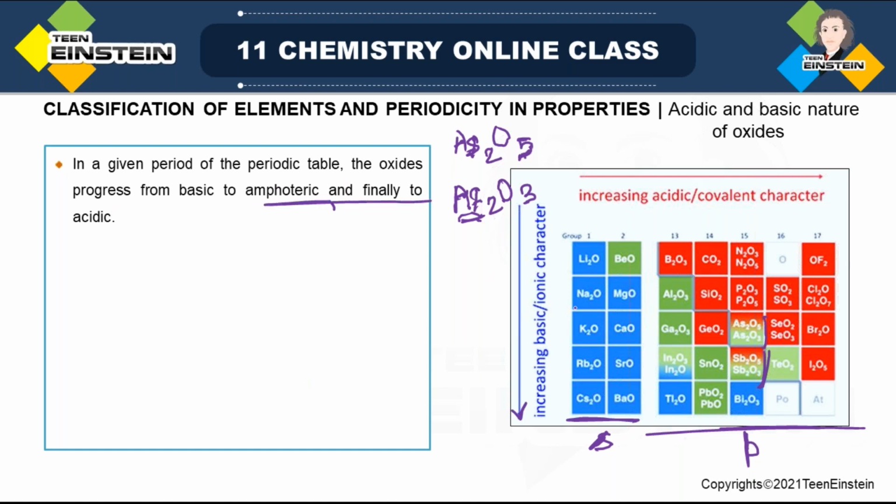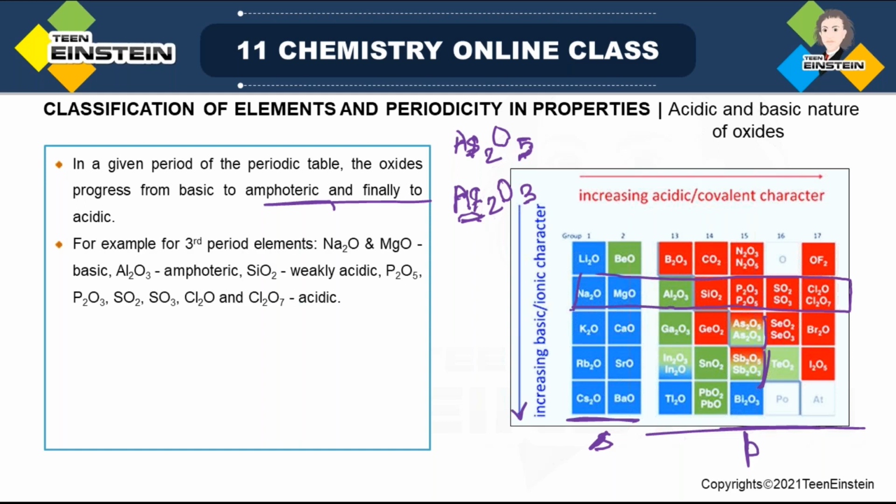If you focus on a particular period, suppose I am taking the third period, as you are moving left to right, first blue, then green, then red. That means basic, amphoteric, acidic. For example, third period elements: Al2O3 is amphoteric, SiO2, though it is in the red region, is weakly acidic.